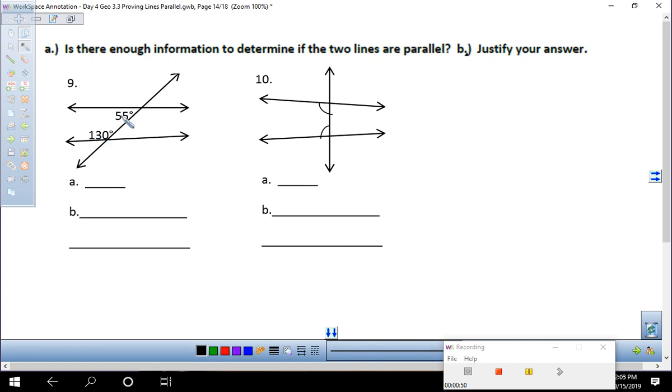Okay, so in this case, we're going to say no, but our reason is going to be that our consecutive interior angles are not supplementary. So those consecutive interior angles are not going to be supplementary, which means my lines are not going to be parallel. So that's the difference between 8 and 9. I did have a little more information related to my problem on 9 than I did on 8.